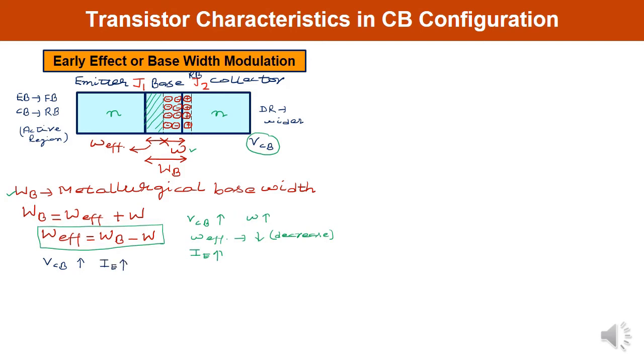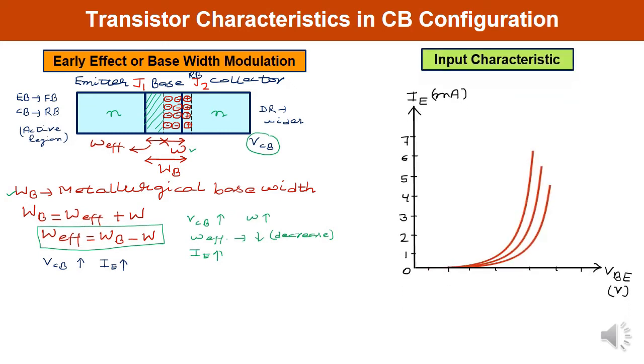Now let us draw the input characteristic curve. The curve is plotted between IE and VBE by taking VCB as a constant. Let us take some value. First, if we take VCB as 10 volt, we have drawn the curve shown as number 1.